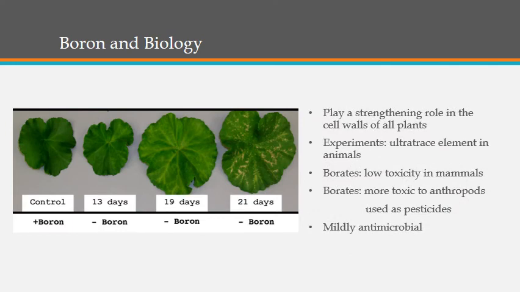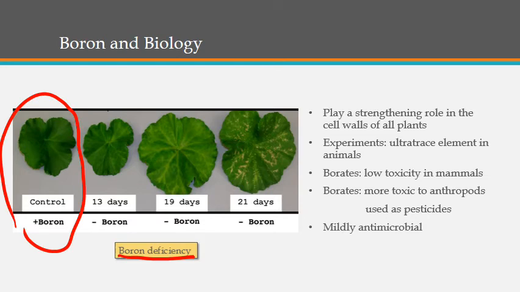Boron is also important in biology. Boron plays a strengthening role in the cell walls of all plants. The pictures on the left show an experiment testing for boron deficiency. Boron deficiency is the deficiency of the micronutrient boron. In the experiment pictures, you can see that the control group is doing totally fine, and there is boron in the plant.